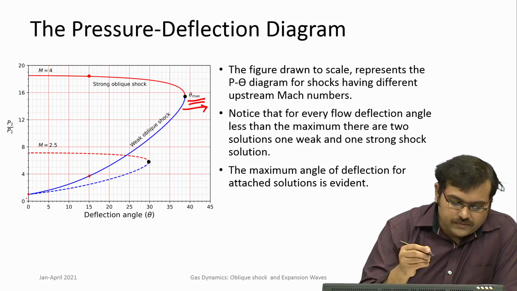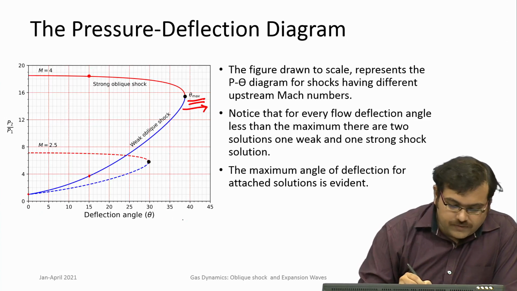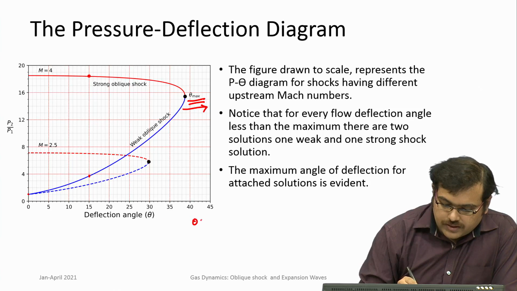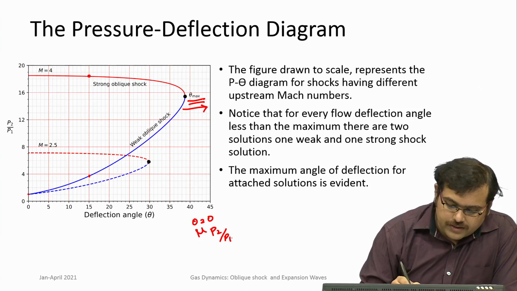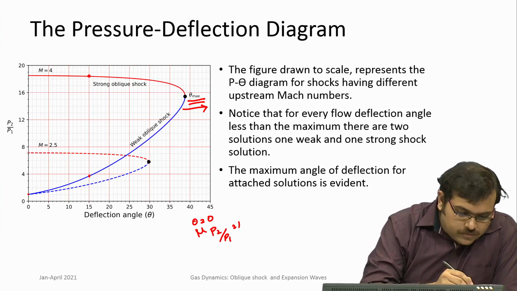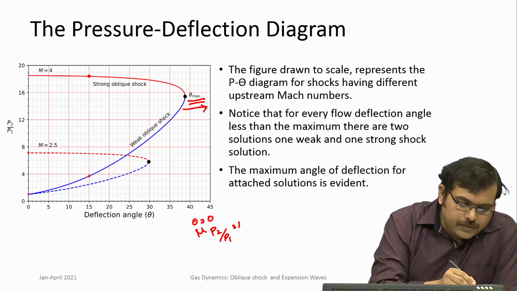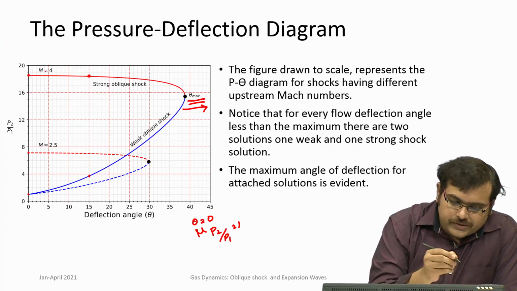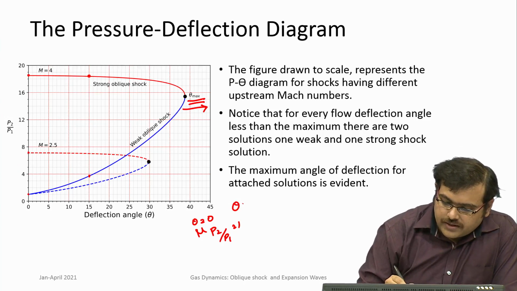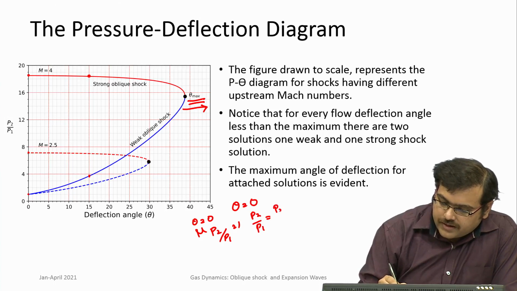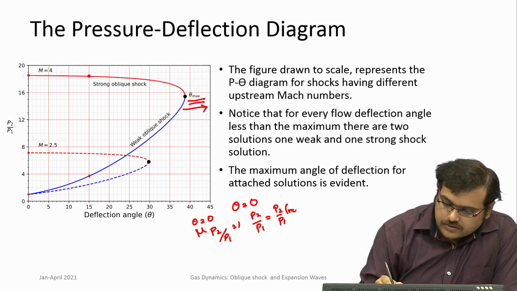So, you have that deflection angle there is 0, theta is 0, while the angle of the wave is mu, and the pressure ratio P2 by P1 is 1. The maximum possible pressure ratio is that for a normal shock for that given Mach number. Even there the angle of deflection is 0, and the pressure ratio P2 by P1 is exactly that of the normal shock.